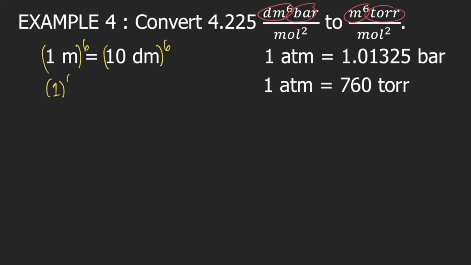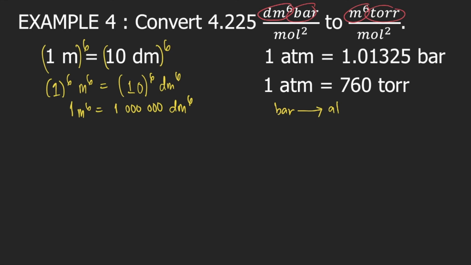So that's 1 raised to 6 is equal to 10 raised to 6 dm raised to 6. 1 raised to 6 is still 1, and 10 raised to 6 is 1 million dm raised to 6. To convert bar to torr, we will convert bar to atm and then atm to torr.